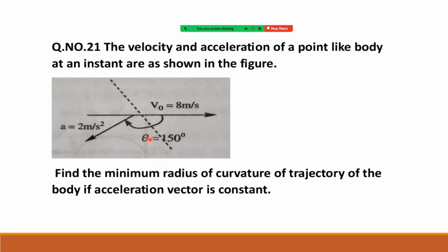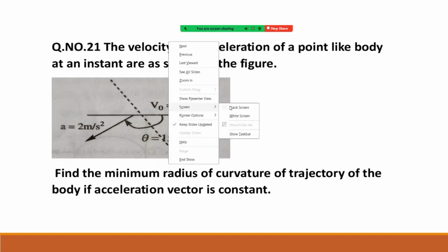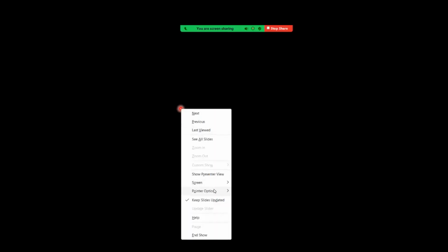That means if you compare with that, see what we can do here. This angle 150 means, let us make a diagram here. Angle is given 150. So I'm comparing this with oblique projectile. Angle of projection, see how much we have taken.